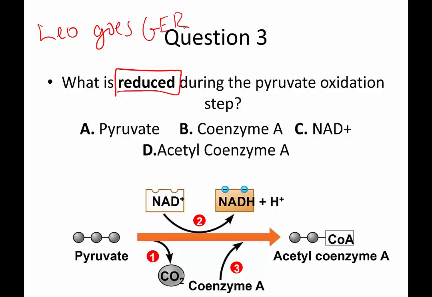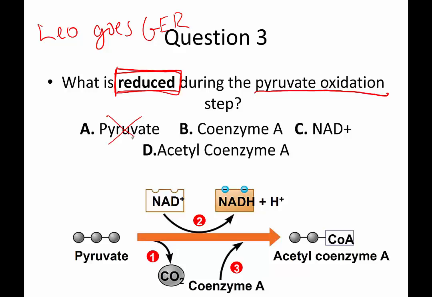So lose electrons oxidized, gain electrons reduced. So here we need to find something that's gaining electrons. Also a helpful hint is remember this is called pyruvate oxidation. So from this name or title, we know for sure that pyruvate is being oxidized. So pyruvate is definitely not the answer here.